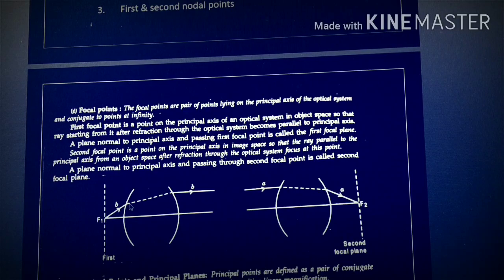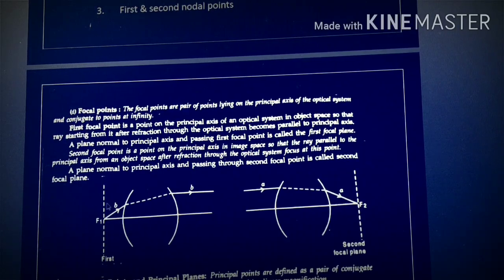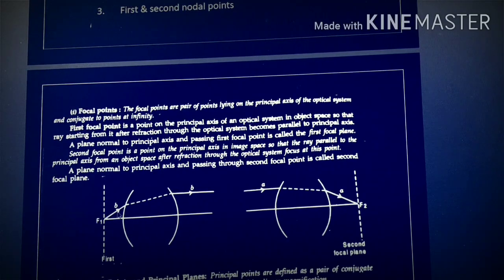If a ray passes through the focal point F1, after refracting through the optical system, this ray is parallel to the optical axis.